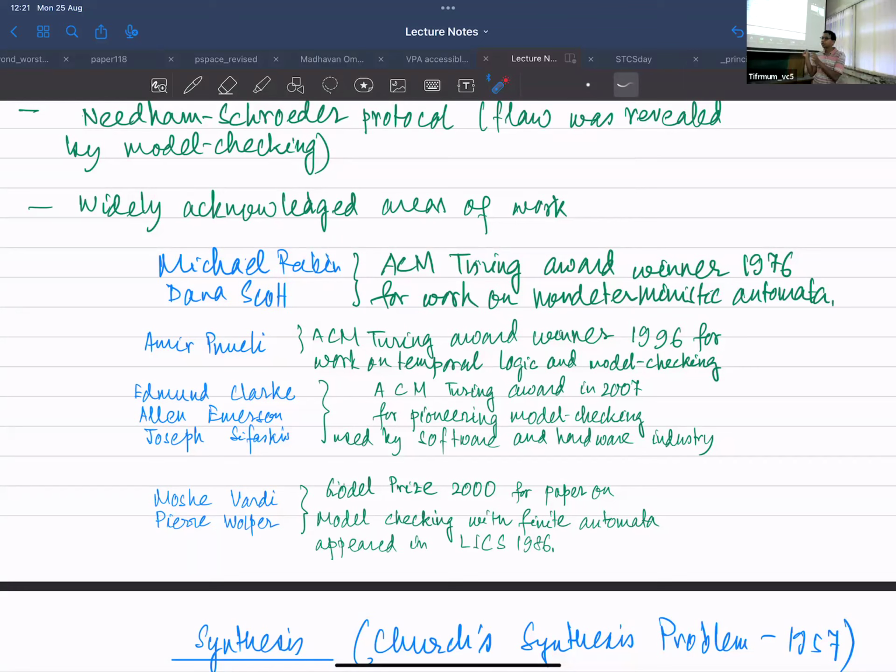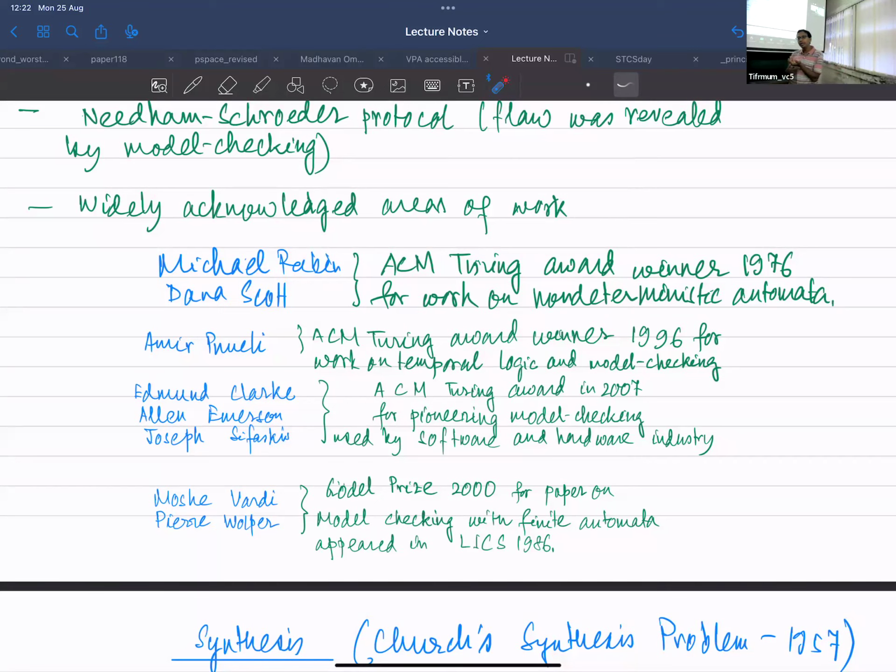You can construct something called a Büchi automaton, which we'll start either toward the end of today or from the next lecture. That is how you can translate from LTL to a Büchi automaton to facilitate verification.